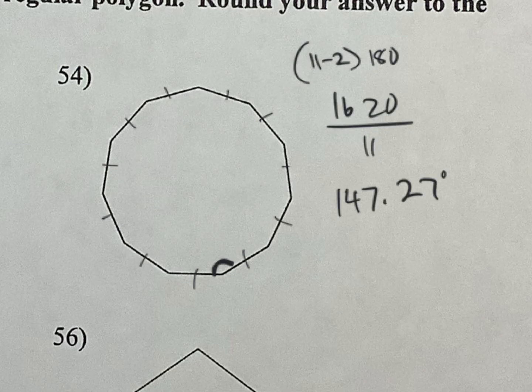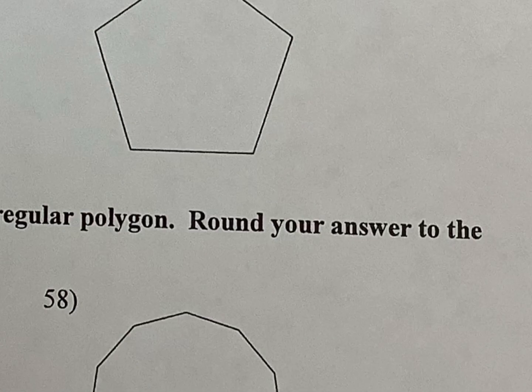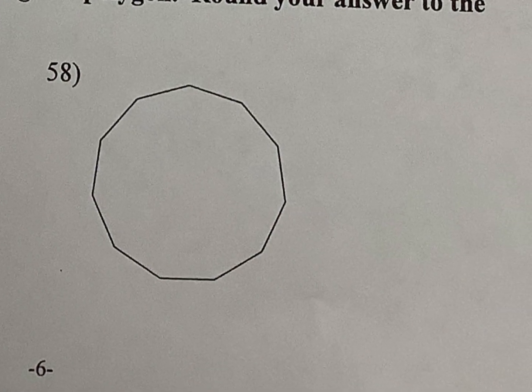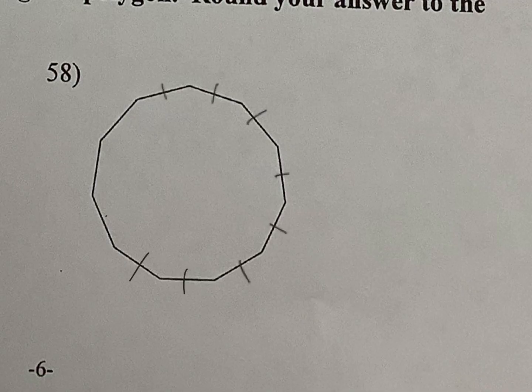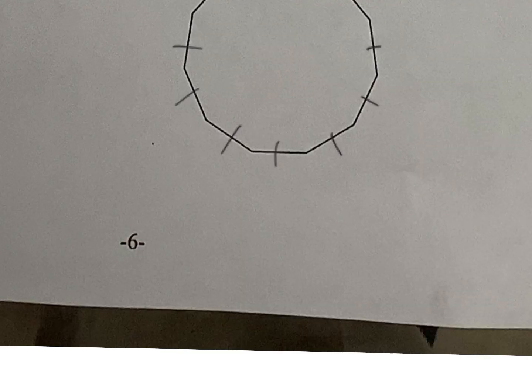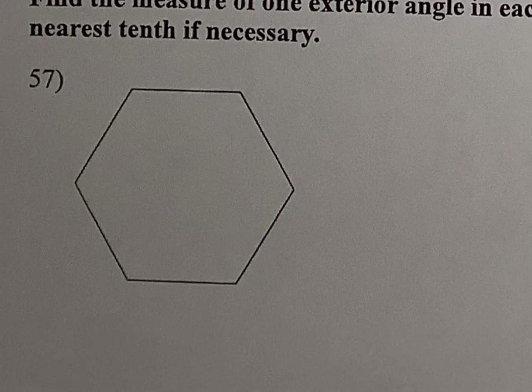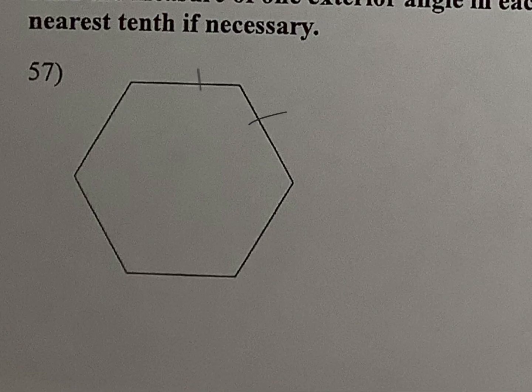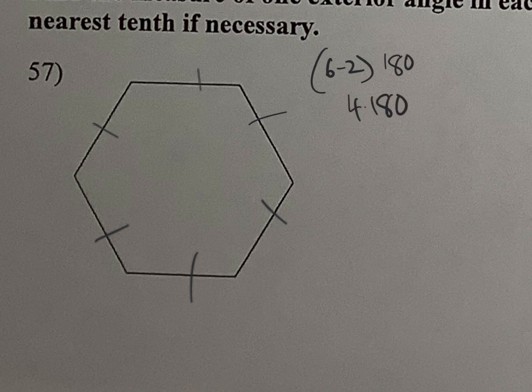All right, and we go down. We're going to do the exact same thing again. I'll do number 58. Let's pick a different one so it's not the same values. Let's do this side. 1, 2, 3, 4, 5, 6. So you do the exact same stuff again. 6 minus 2 times 180. So that's 4 times 180, which should be 720.